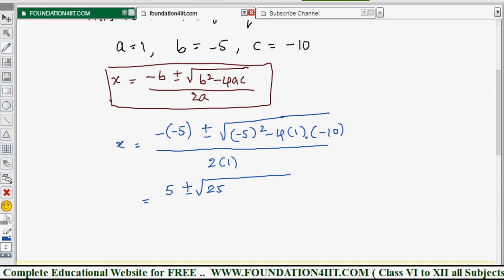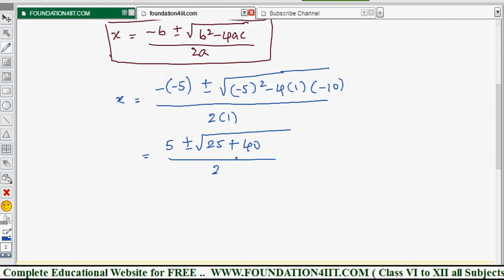And minus 4 into 1 into minus 10: minus into minus is plus here. 4 ones are 4, and into 10 is 40. Divided by 2. So we got 5 plus or minus under root 40 plus 25 is 65, divided by 2.